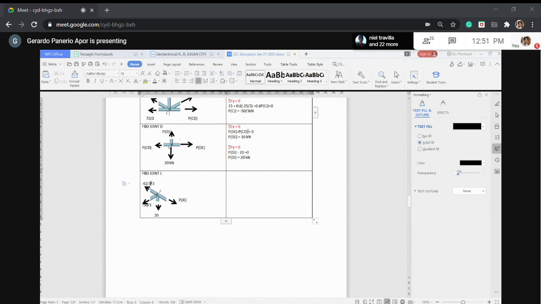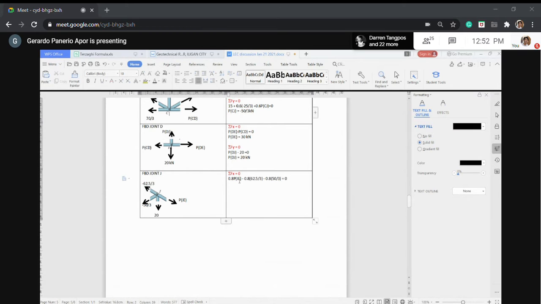Now, summing up forces X equals to 0. Okay, we have 0.8 times PGE. We have minus 0.8 times 62.5 divided by 3 minus cosine of theta times 50 divided by 3. 20 has no horizontal component, so that's equated to 0.